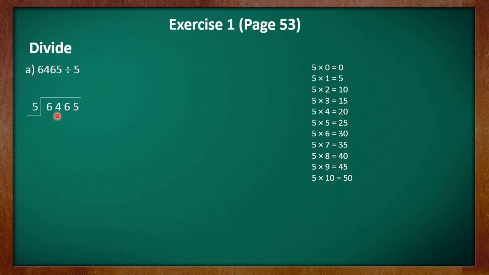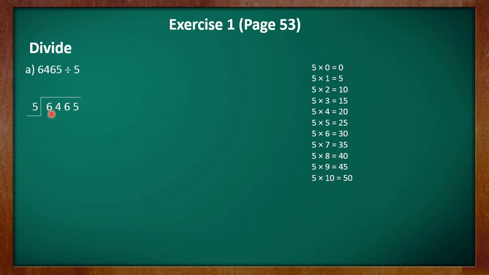Kids, we always start dividing a number from its highest place. Or you may say that we always start dividing the number from the extreme left. Here the highest place is thousands and we have 6 on the thousands place.